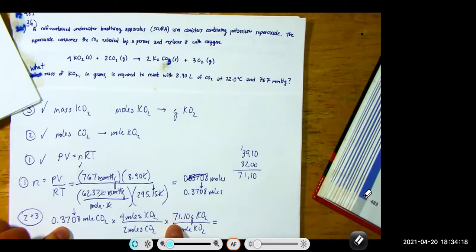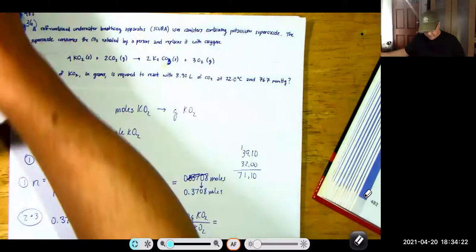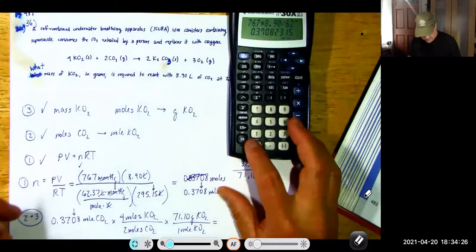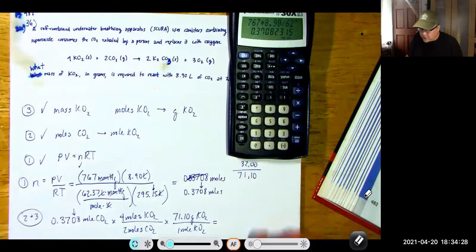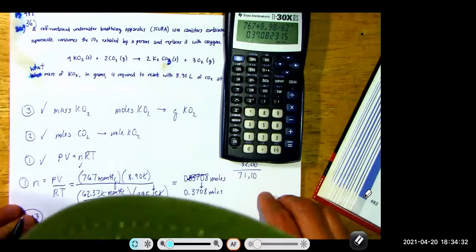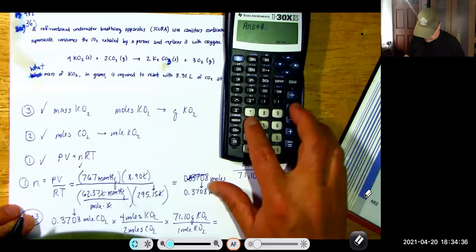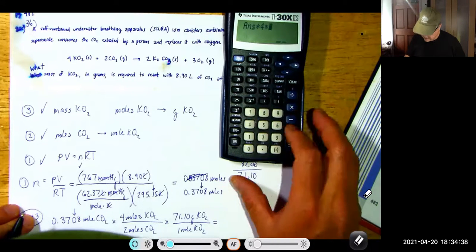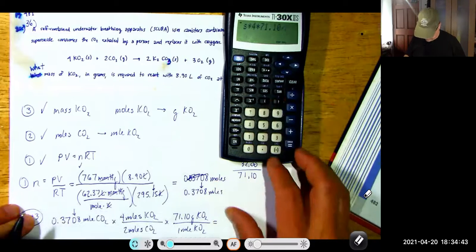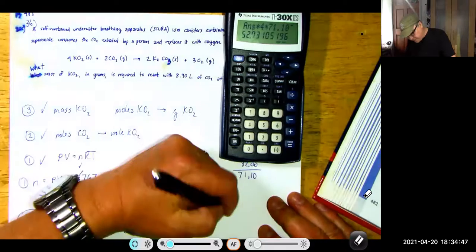So this answer should be like 54, 52, something like that, 50-ish grams of potassium superoxide, with 3 significant figures. Correct. It's 52.7.